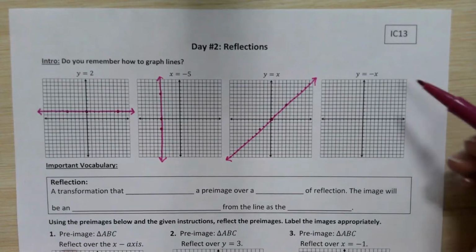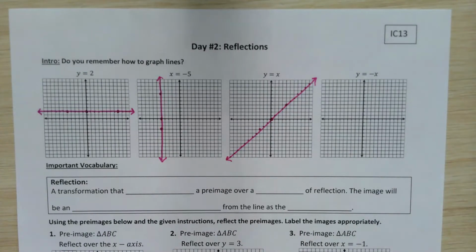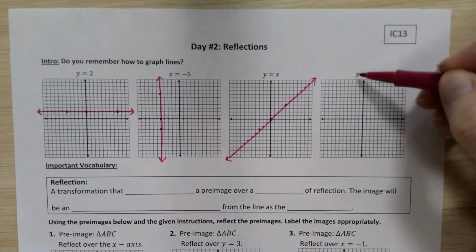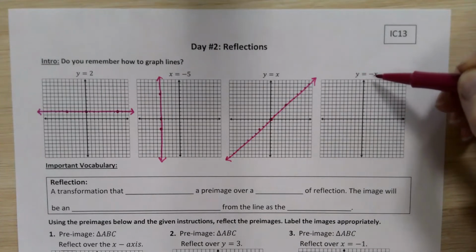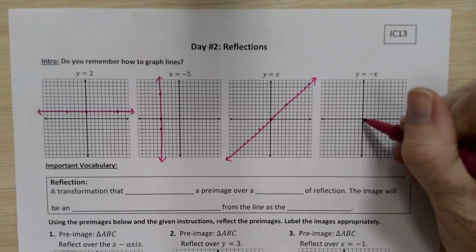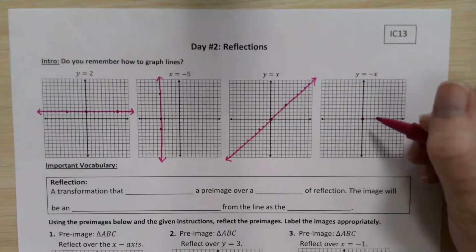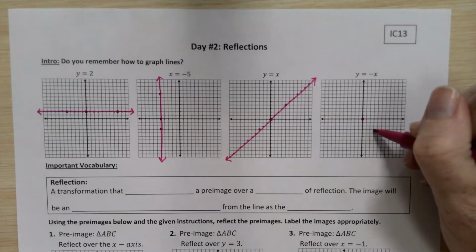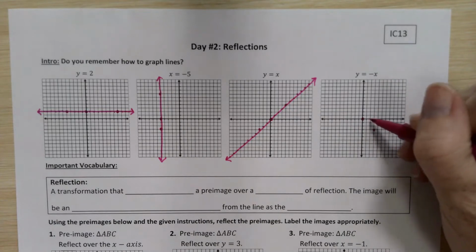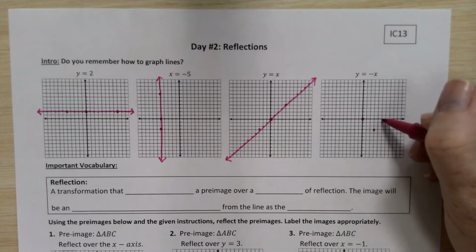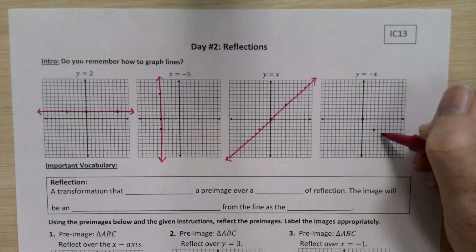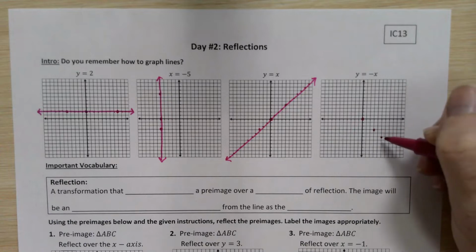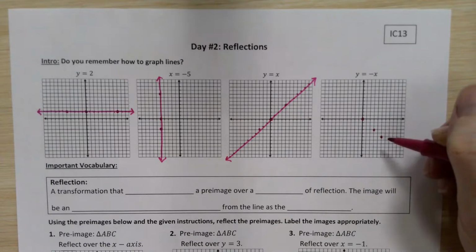Y equals negative x is similar, but this means that y is the opposite of x. So if x is 0, the opposite of 0 is just 0. But if x is 3, the opposite of 3 is negative 3. So when x is positive, like 3 or like 5, then y is actually negative, like negative 3 or negative 5.